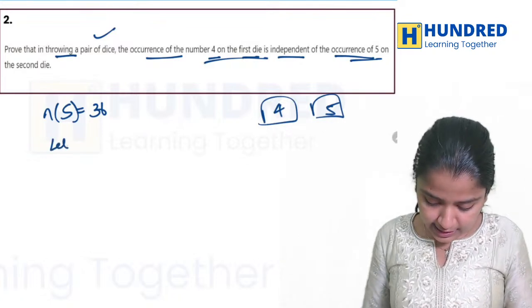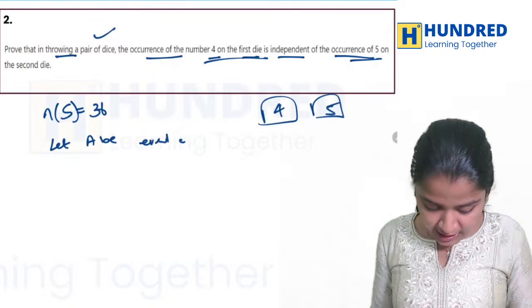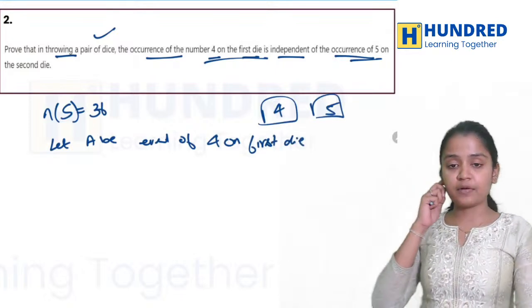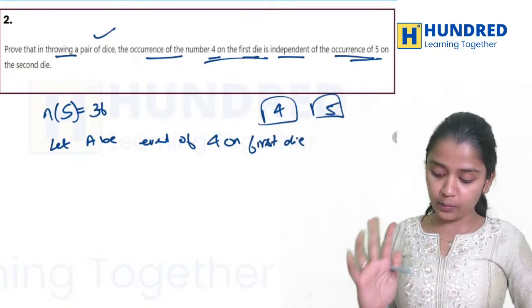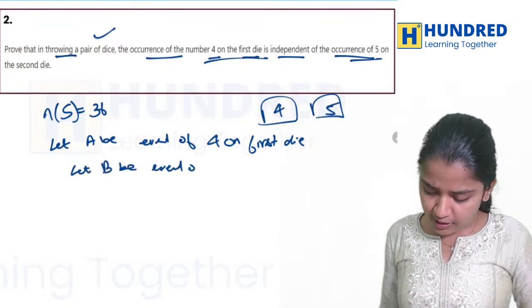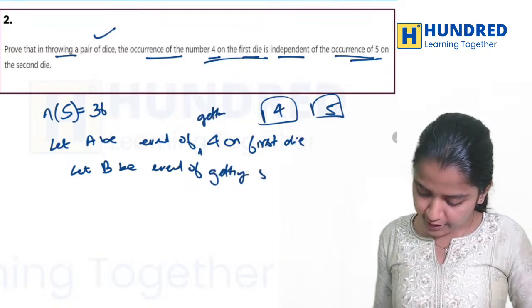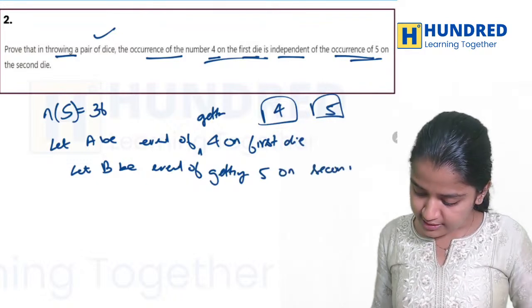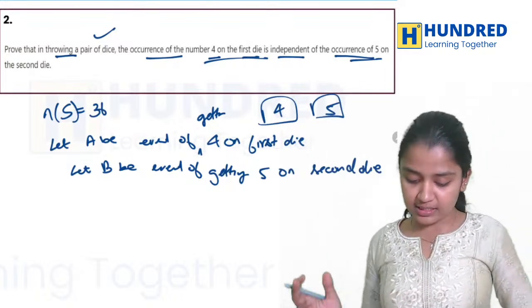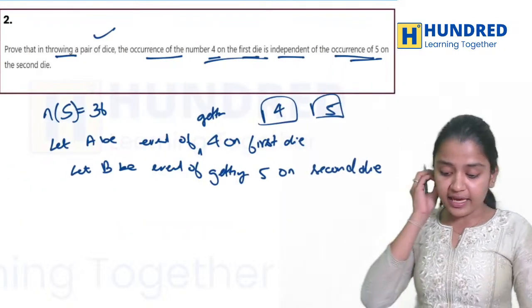Let A be the event of 4 on the first die. So A is the event of getting 4 on the first die. Okay? Let B be the event of getting 5 on the second die. Now I have to find the probability.